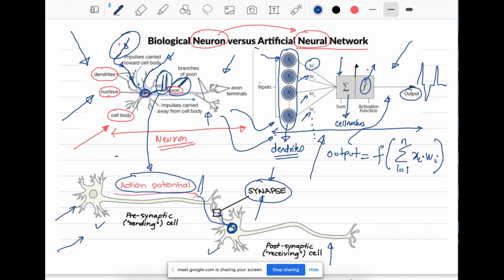That's why we have this name, artificial neural network. So once this is done, you have seen a complete analogy between the one which we have created here and the actual neuron here.